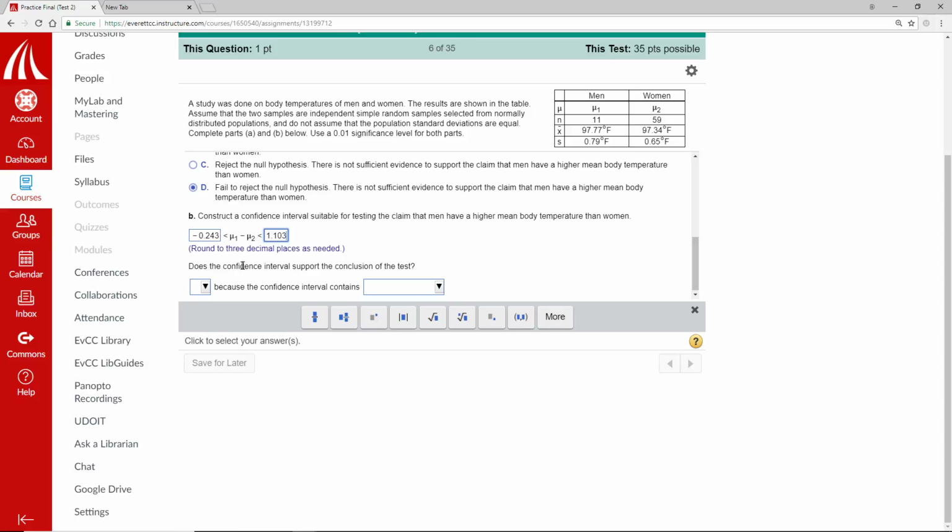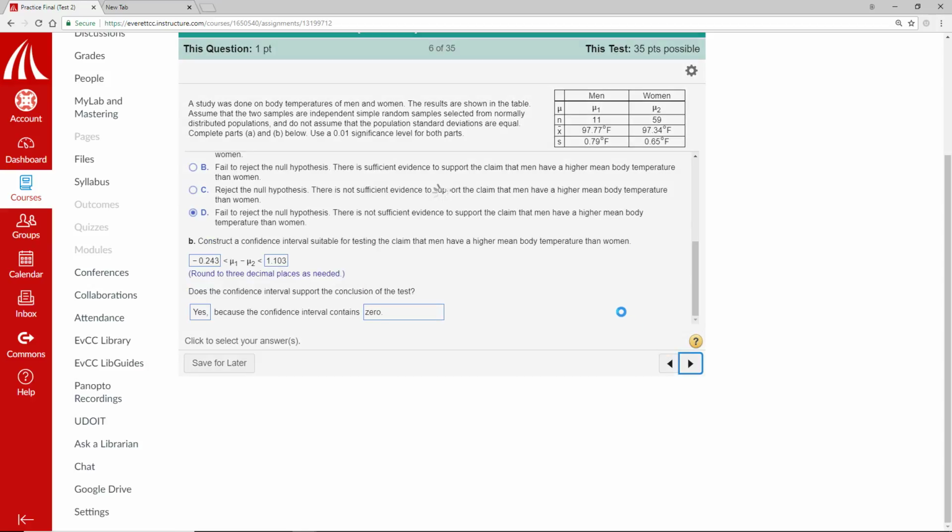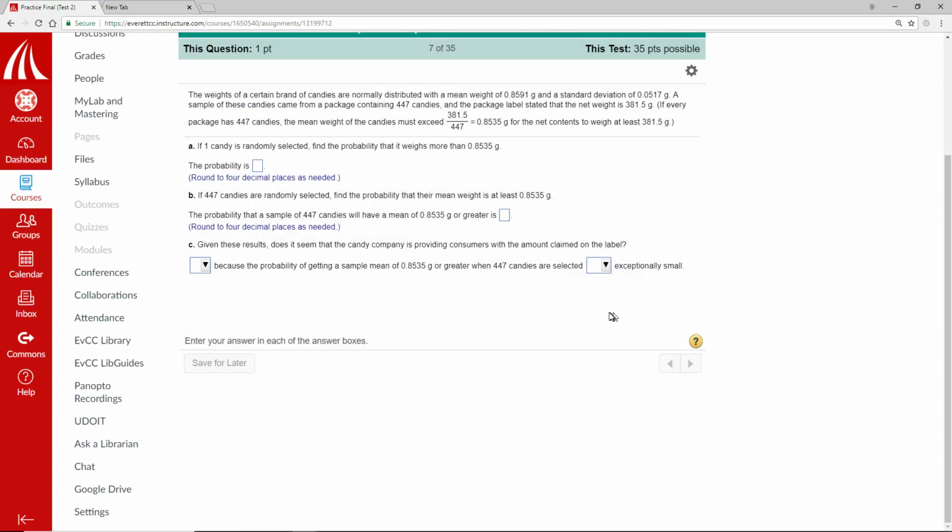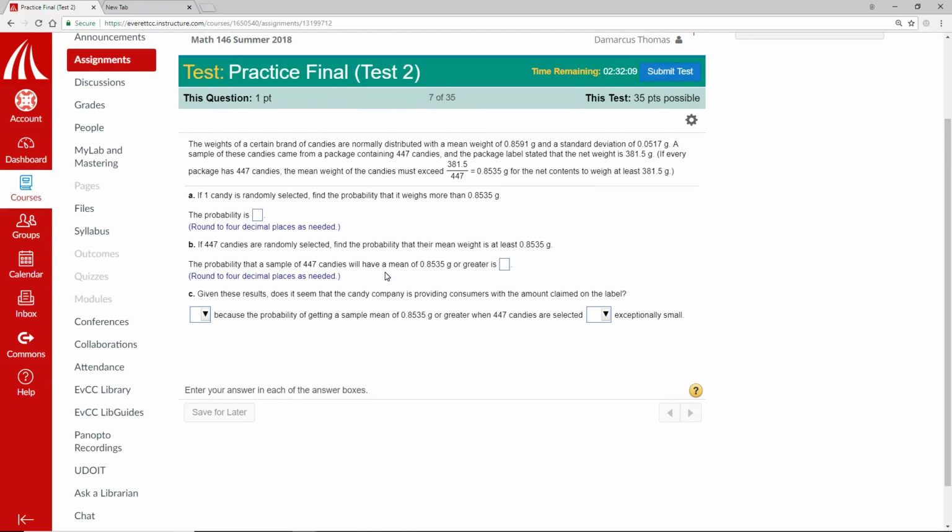And we'll say, does the confidence interval support the conclusion of the test? Yes, it does, because the confidence interval contains 0. All right, let's see, I may only do half this test.